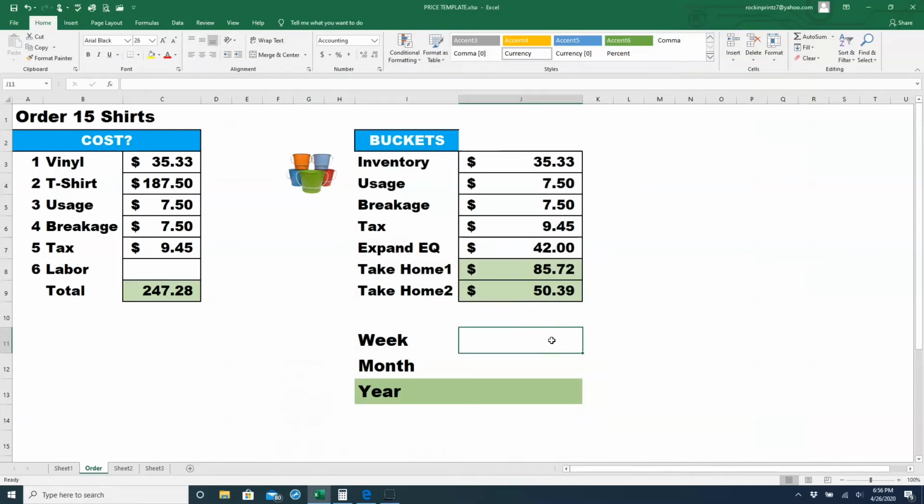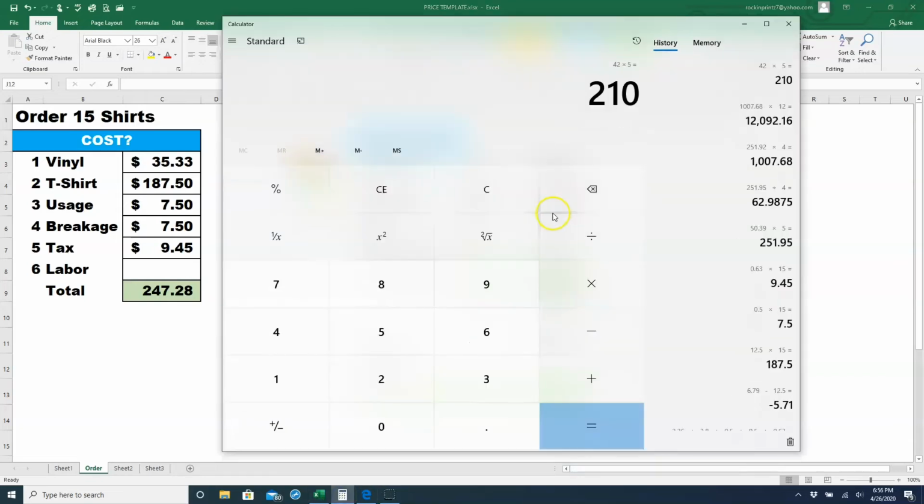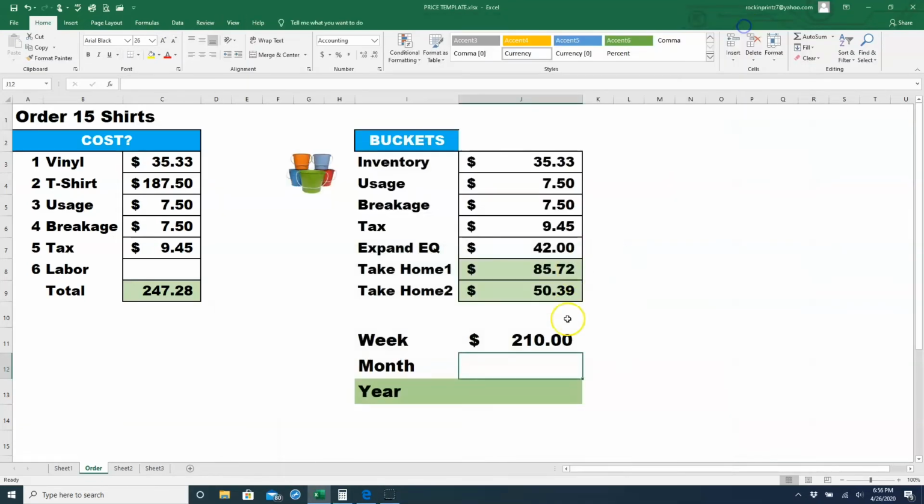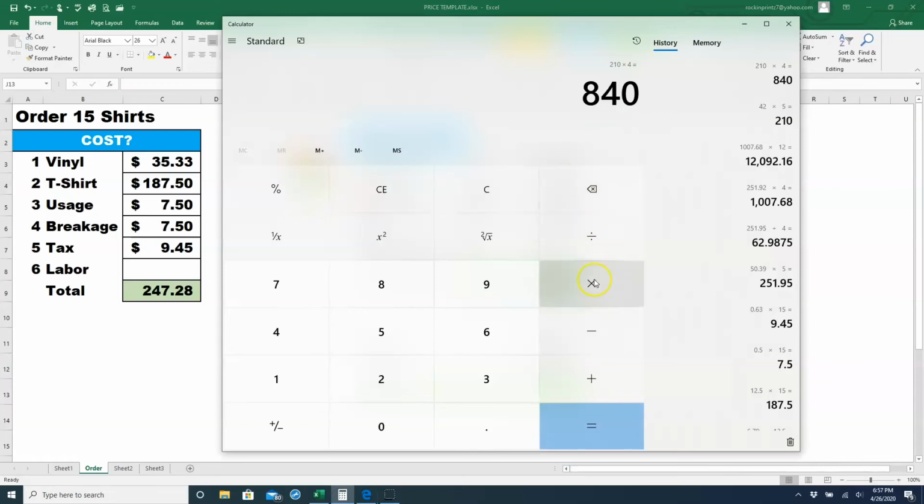Okay, so in 1 week you can save $210 building up your next line of equipment. And then you're going to take 210 times 4 is $840. Okay, and then lastly, $840 times 12, that's $10,080.